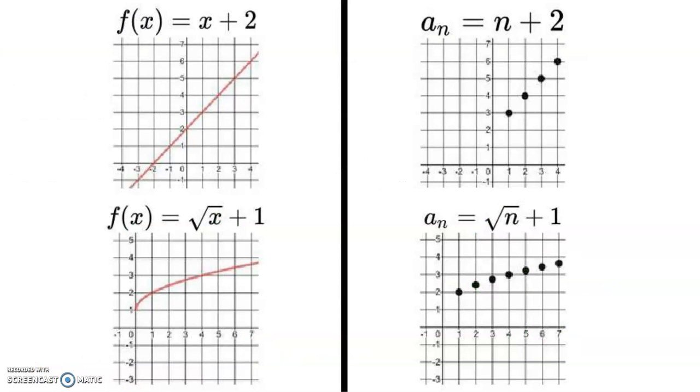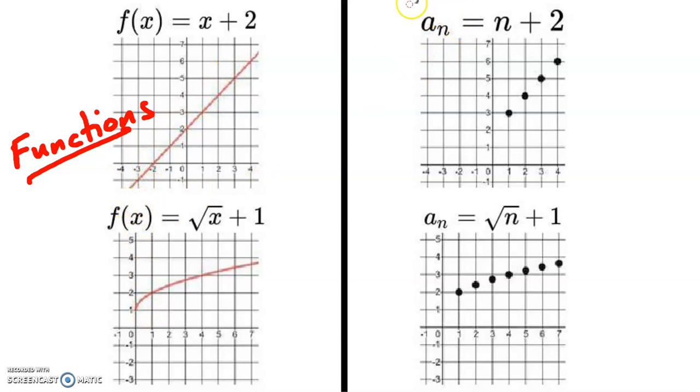What I'm showing you now is a great comparison between the functions we studied early in the school year that have f of x as their notation, where the input is x, and where any real number, or at least any subset of the real numbers, in the case of the function here, f of x is square root of x plus 1, are the inputs for the function.